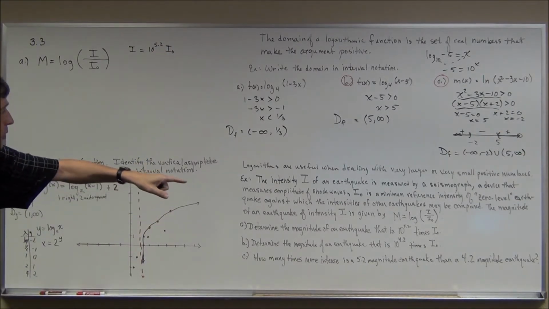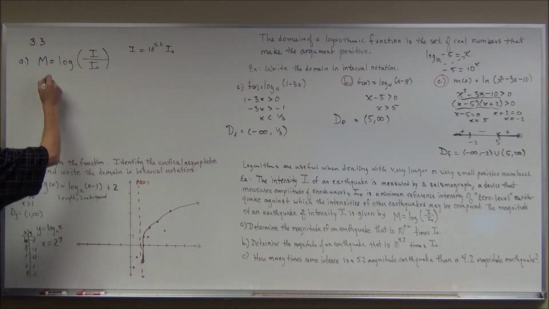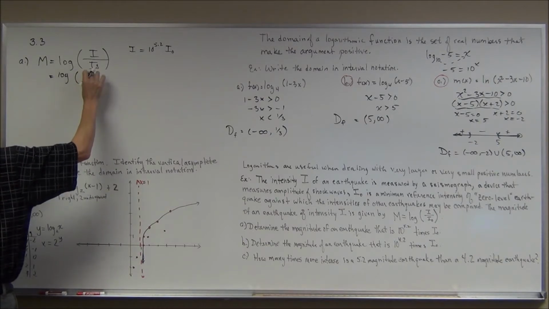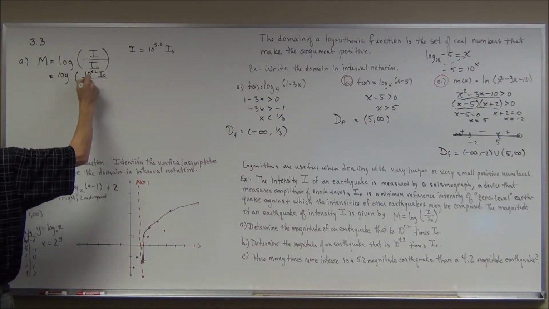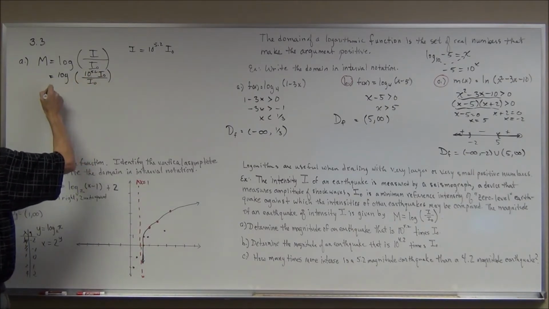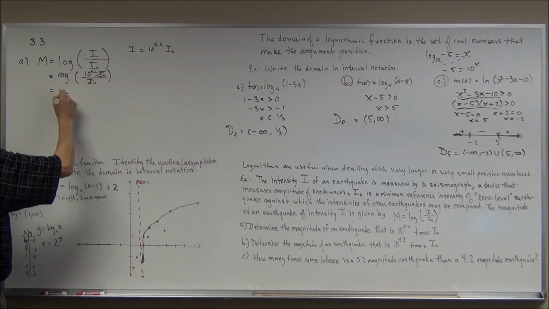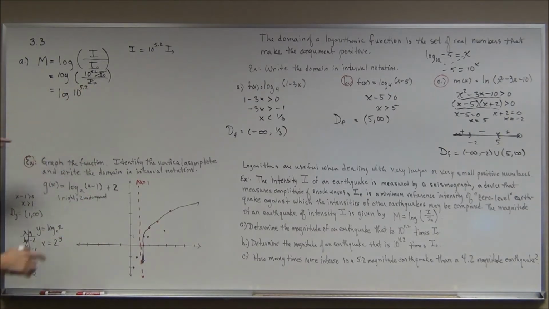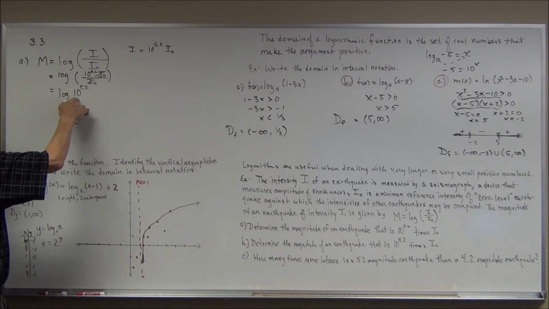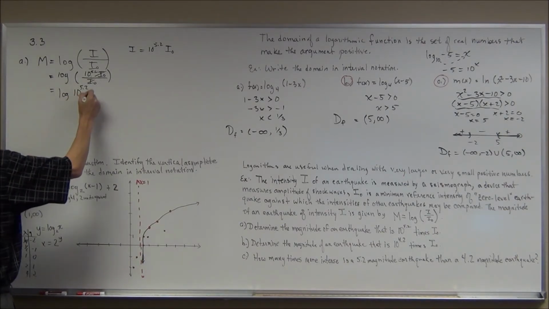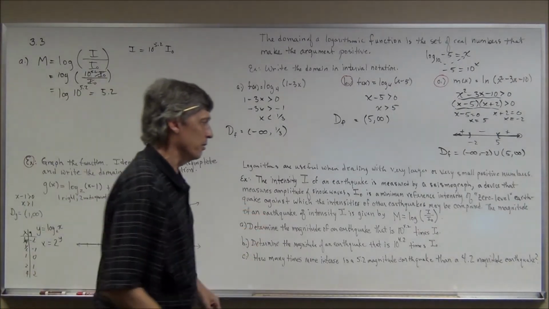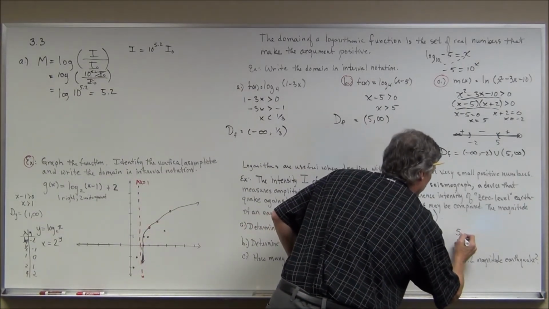So I'm going to plug that in here, and I get the log of 10 to the 5.2 I sub 0 over I sub 0, and the I sub 0's cancel, the common log of 10 to the 5.2. Using the basic properties of logarithms, since it's base 10 and this is a base 10 exponential expression, this is going to give me 5.2. So, determine the magnitude, well, it'd be 5.2 on what we call the Richter scale.